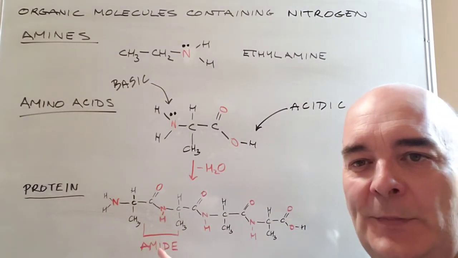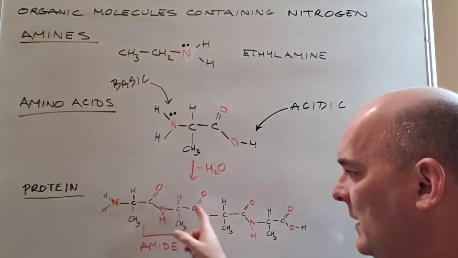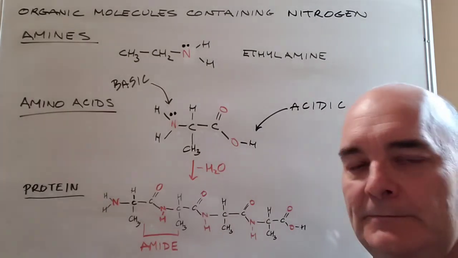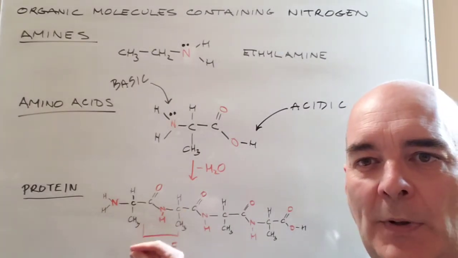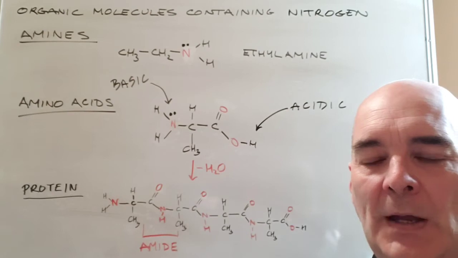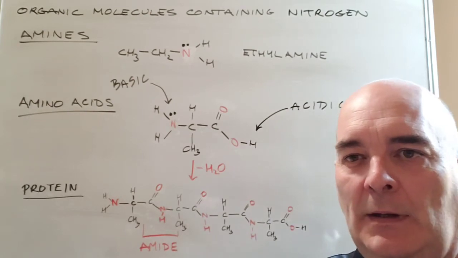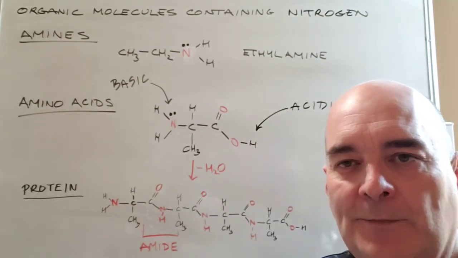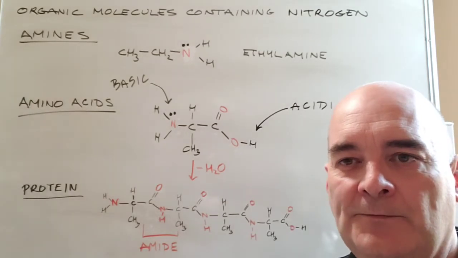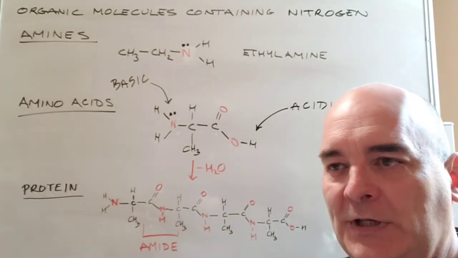And that amide is called a peptide link, and what you've just done is you've built a protein. We assemble multiple amino acids and we polymerize them together. We make them be a long chain, and that chain becomes a protein.